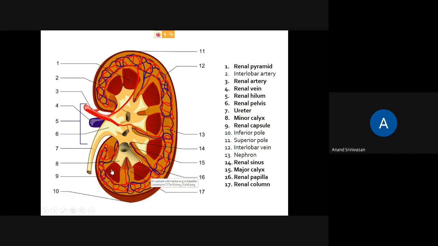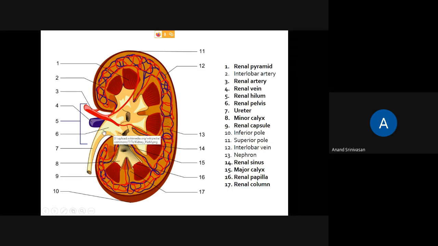So from the renal pyramid, the urine goes into the minor calyx, then major calyx. All the major calyces join together and finally open into a single tubular system which is called the renal pelvis.